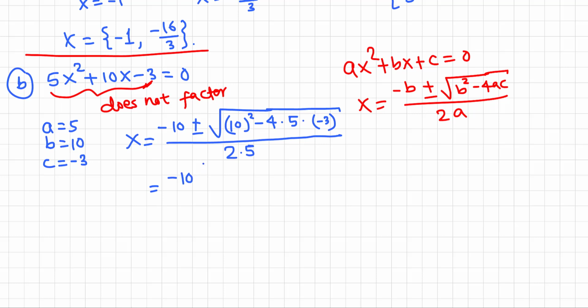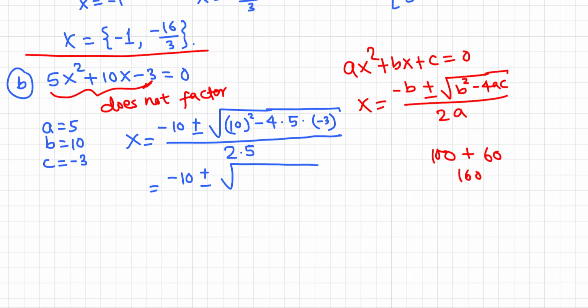So negative 10 plus or minus square root of, let's simplify this in your calculator or just work it out. 10 squared is 100, minus, and negative makes it plus, 4 times 5 times 3, 60, right? And 100 plus 60 is 160.